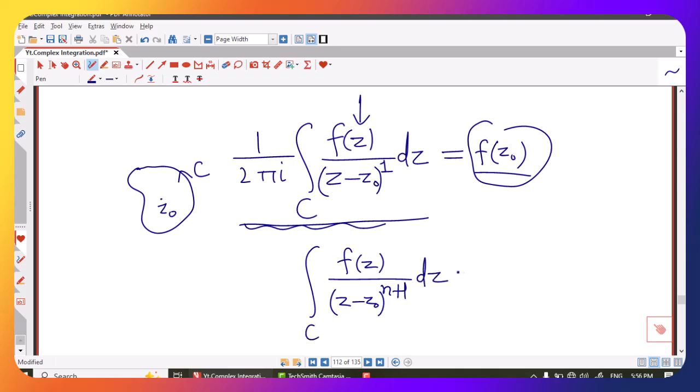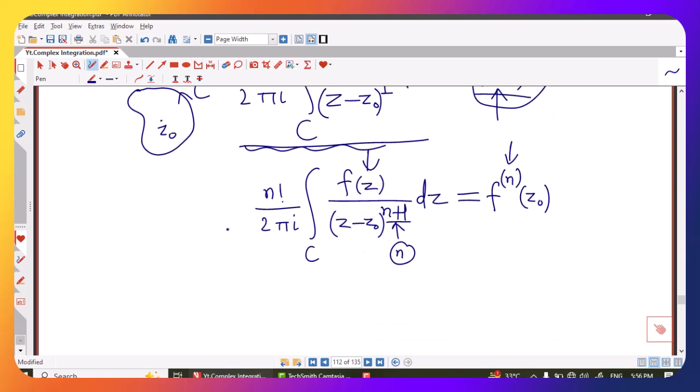Then instead of finding the value of function f at z0, we will find the value of the nth derivative of function f at z0, and instead of 1 over 2 pi i, we will have n factorial divided by 2 pi i, and the conditions are the same.